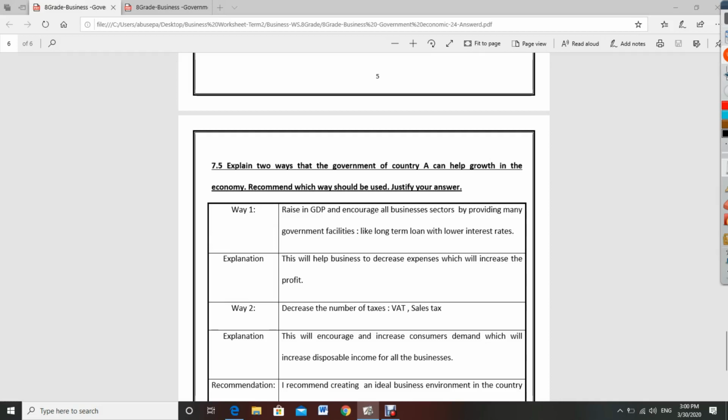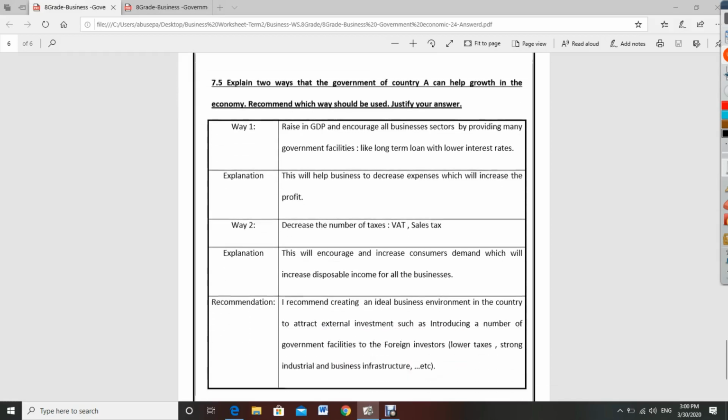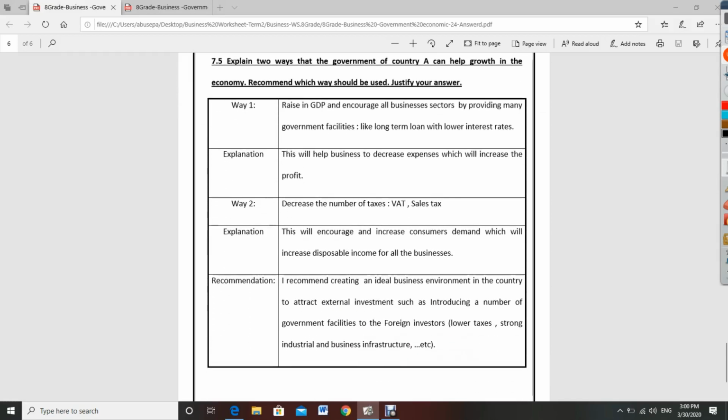The explanation, this will help business to decrease expenses, which will increase the profit. Way 2, decrease the number of taxes, VAT or sales tax. Explanation, why? This will encourage and increase consumers' demand, which will increase disposable income for all the business.